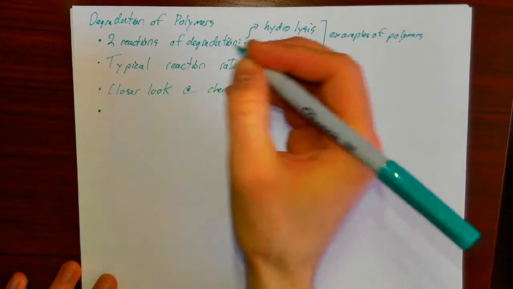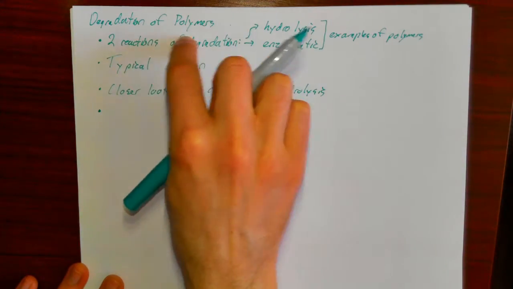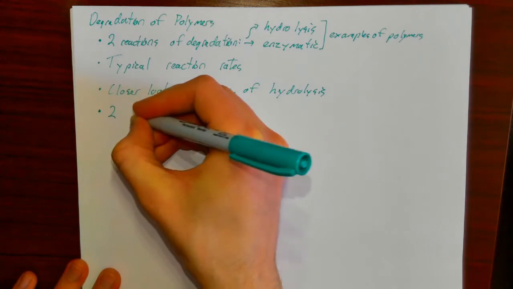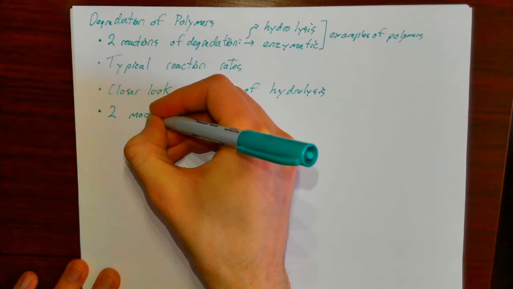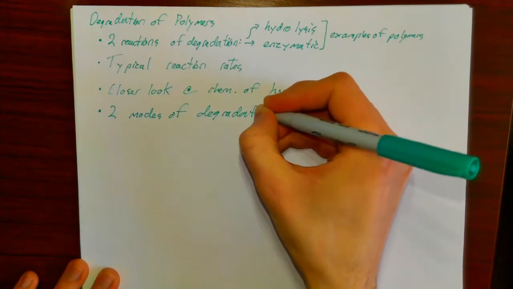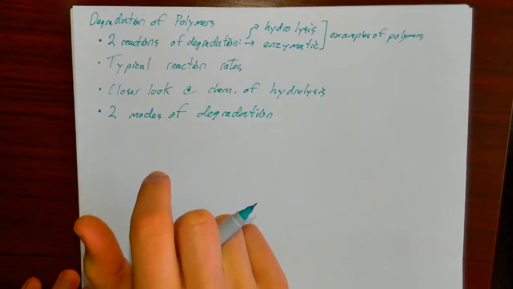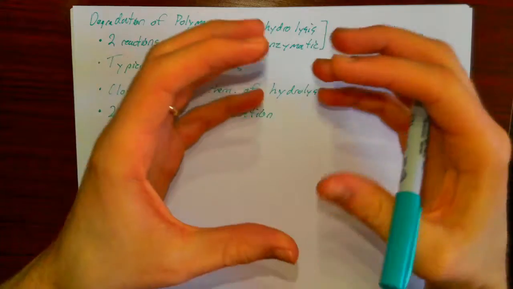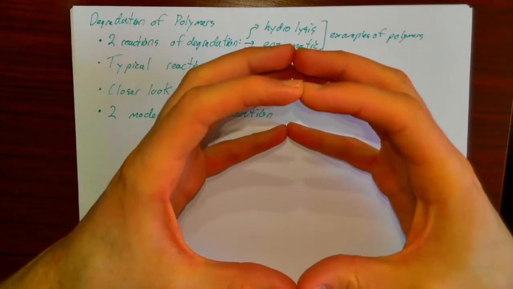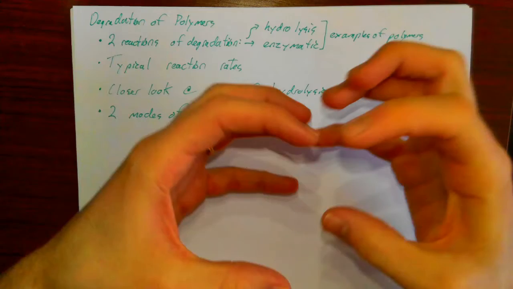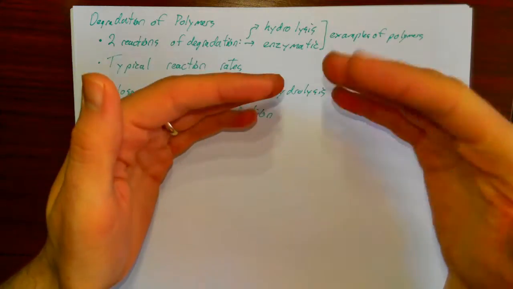And then separate from the two reactions of degradation, we'll talk about two modes of degradation. And what do I mean by two modes of degradation? Well, it turns out that if you put a polymer in an environment when it degrades, there are some scenarios where basically the whole polymer starts degrading simultaneously. The middle, the outside, the whole thing basically degrades, kind of equally. It doesn't matter where you are.